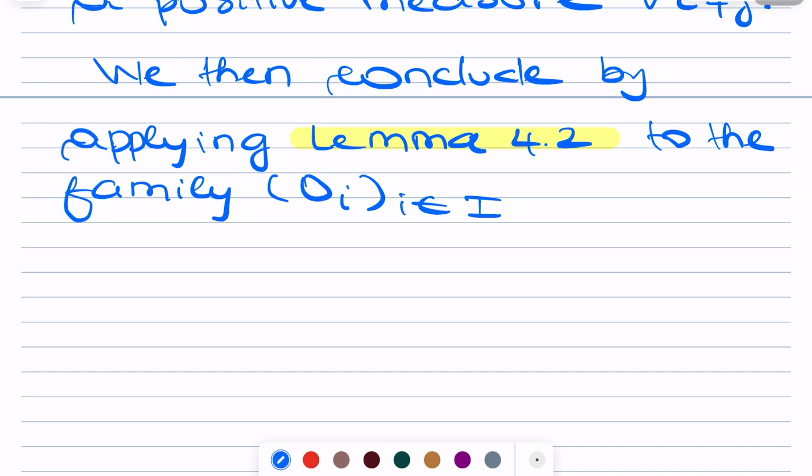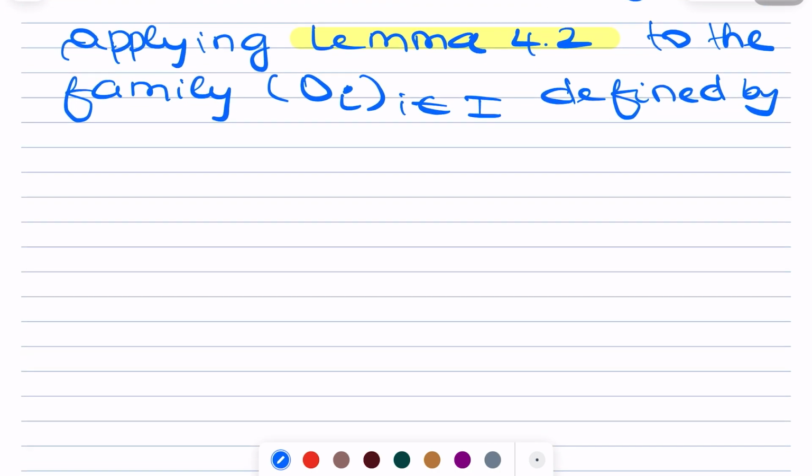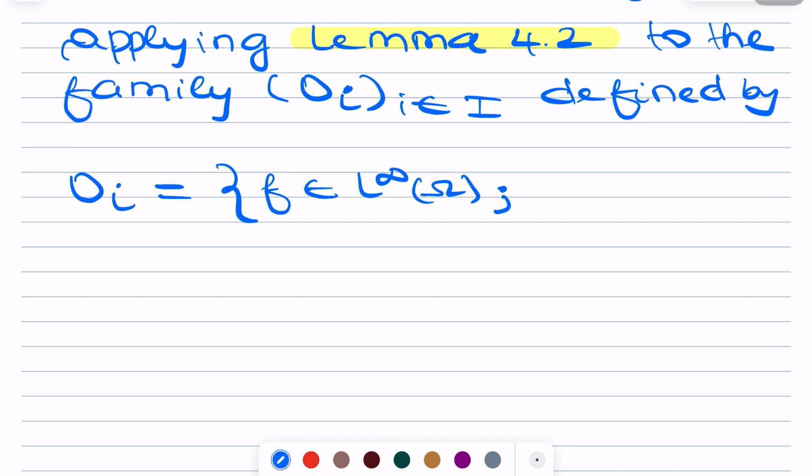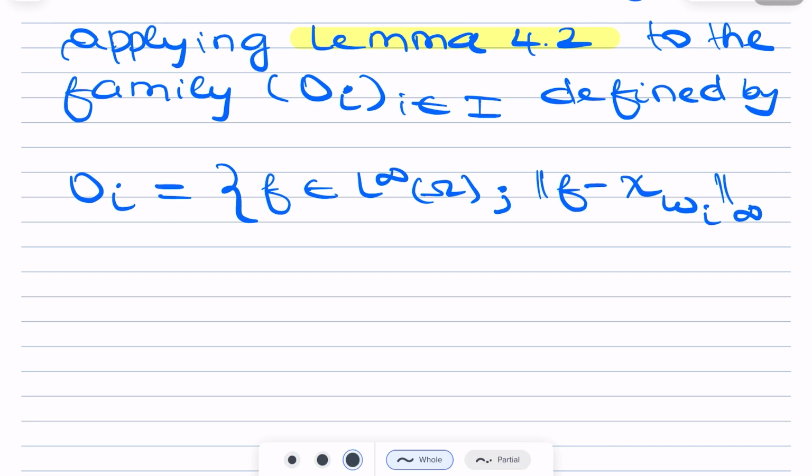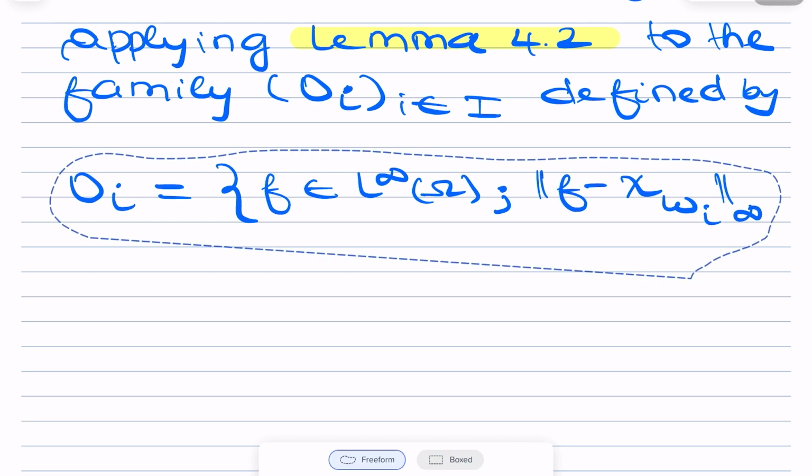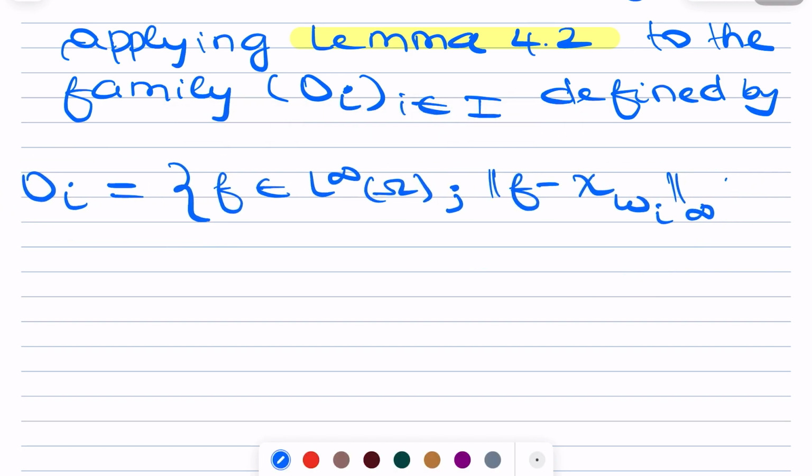Define a new family, O_i, i in I, by taking O_i equal to the functions F in L infinity of omega such that the infinity norm of F minus chi W_i is strictly less than 1 over 2.